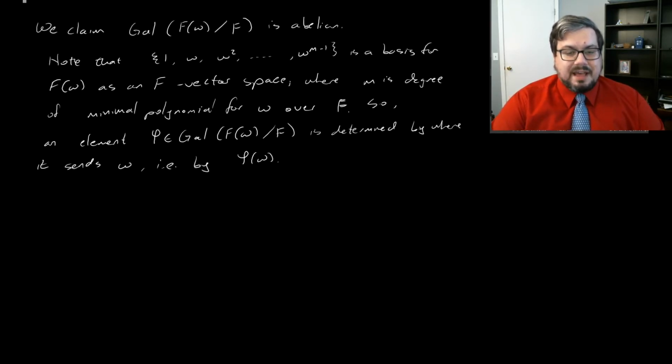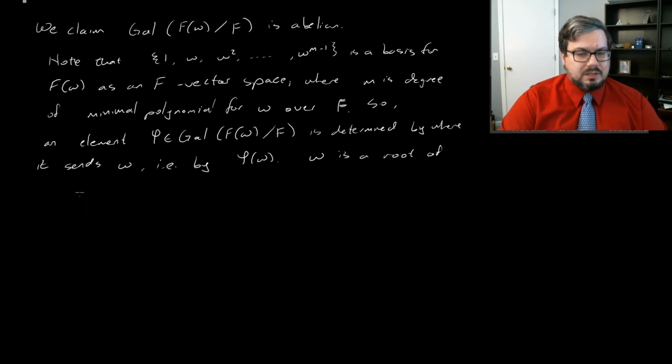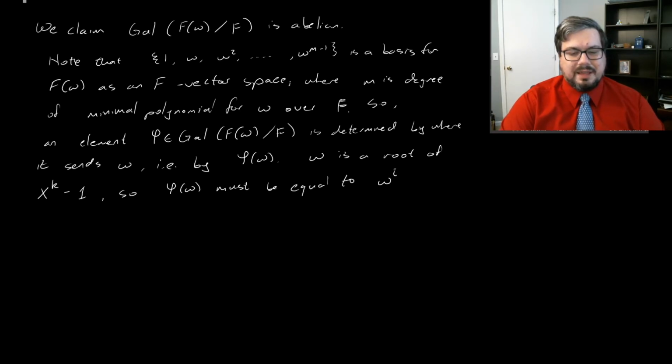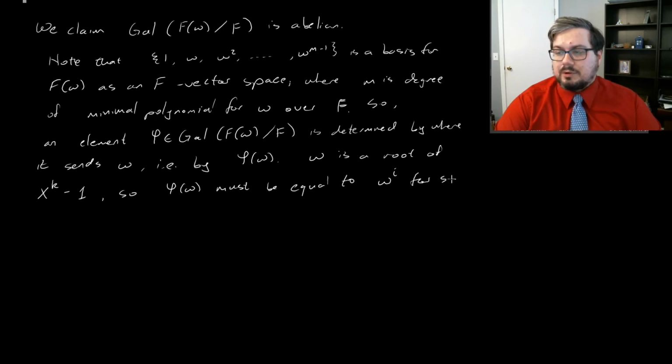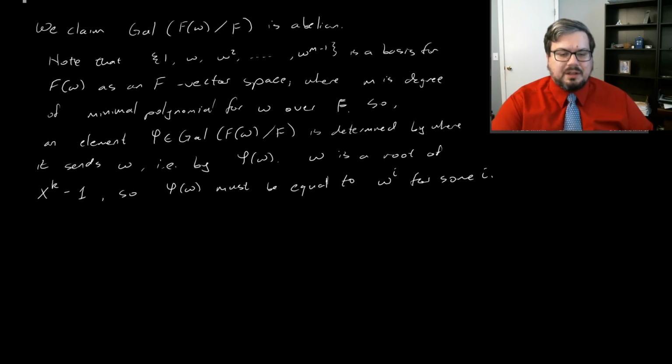But we have that omega is a root of x to the k minus 1, so phi of omega must be equal to omega to the i for some i, because these are all the roots of x to the k minus 1.